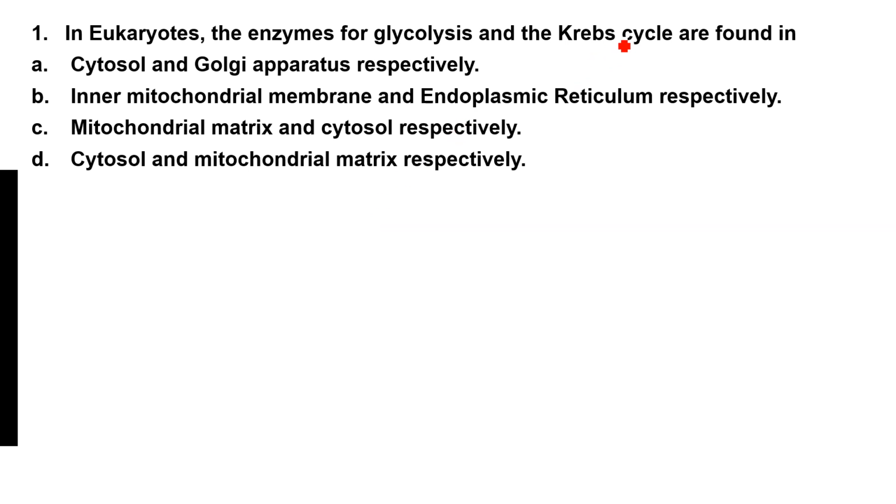Okay, so I didn't discuss Krebs cycle, but I think I discussed it in the last lecture when we were discussing mitochondria. At that time I had discussed Krebs cycle also. So this is a very basic question. Just now we had learned that glycolysis will take place where? Glycolysis takes place in the cytoplasm, or the cytosol.